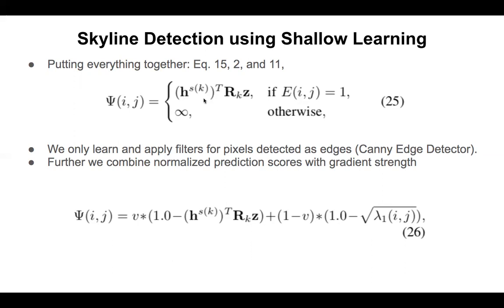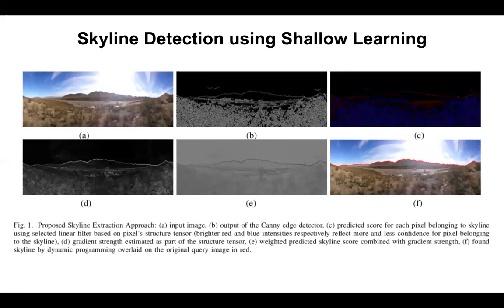We can directly use these costs, but we have seen in our experiments that using the gradient strength, which is already there as one of the features of the structure tensor, is helpful. So we are going to do a weighted average of these two. Over here we are looking at the pipeline of the shallow skyline detection.